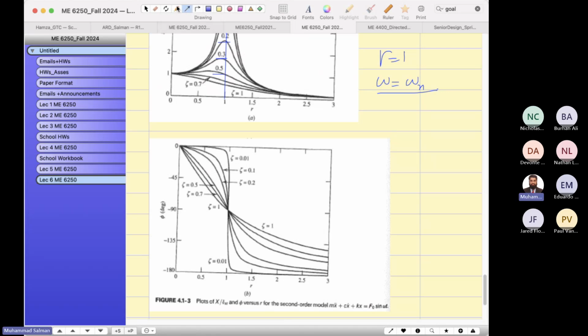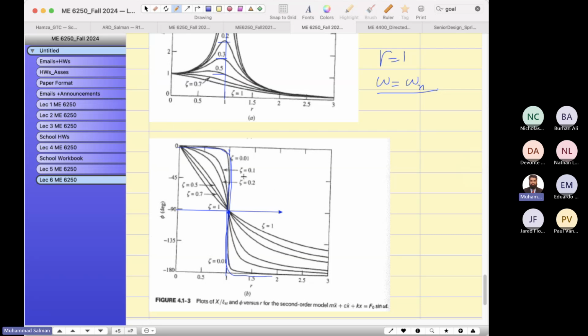You see at r equals to 1, the phase angle changes suddenly from 0 to 90 degrees. It means the resonance is occurring at that phase, when there is a sudden deflection from positive to negative. So you can easily look at the phase diagram to see where the resonance is occurring.